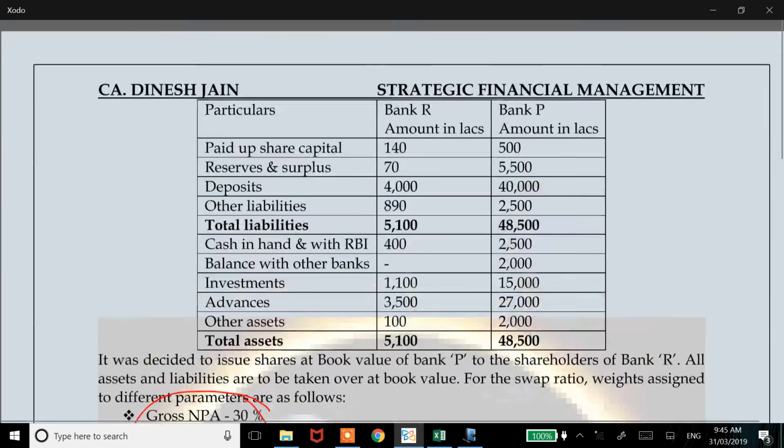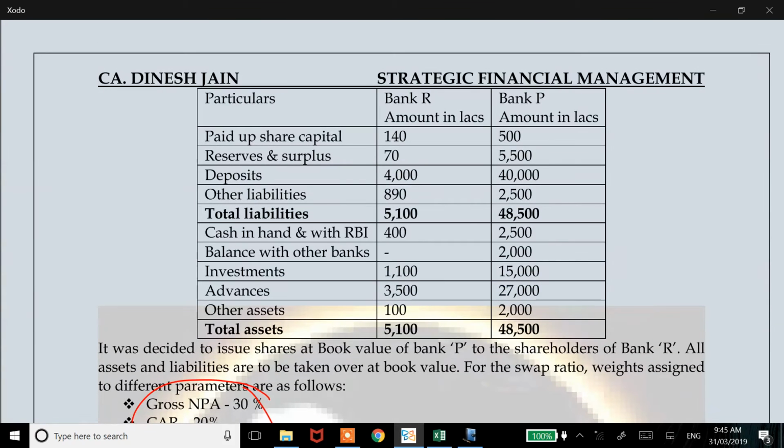Book value: assume face value is 10 and calculate it. If the face value is 10 rupees, what will be the book value?